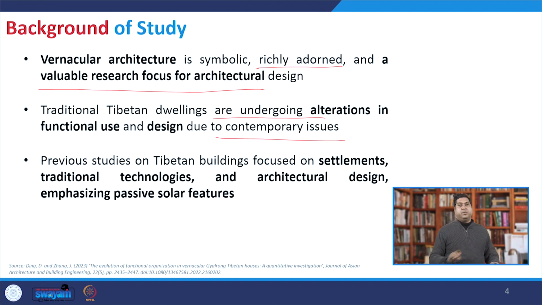Whenever we talk about vernacular architecture and style, it is also there. Even for materials, they are trying to change, because some of the things are not available to retrofit. So there are certain changes.